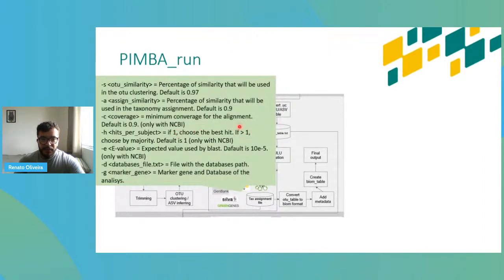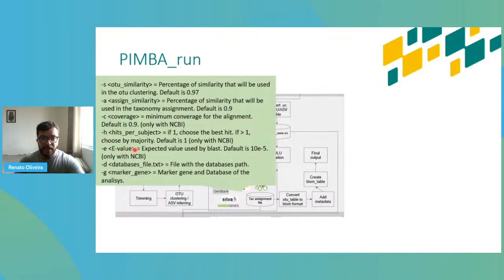But otherwise, if you set it as 10, for example, values larger than 1, then it will perform a voting system. PIMBA will return the 10 best hits, for example, from BLAST, and it will perform a voting system to choose a taxon by majority. And this functionality improved our results very well.